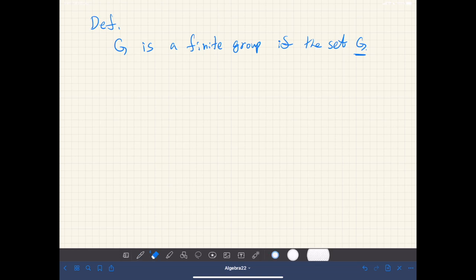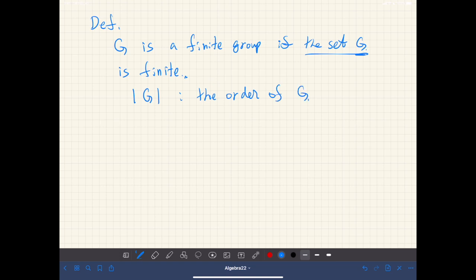If the set G is finite, the cardinality of that set is called the order of G. If you remember, the cardinality of a set means the number of elements of the set. But in the case of groups, we call it the order of the group.